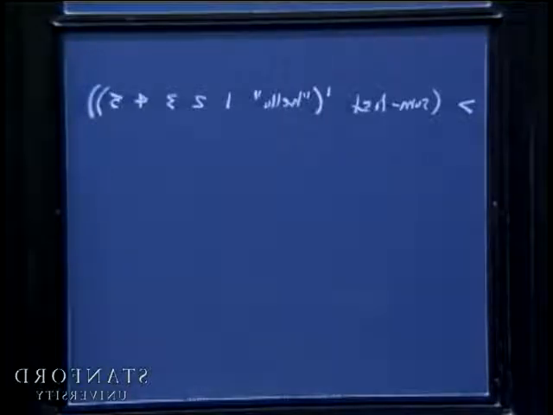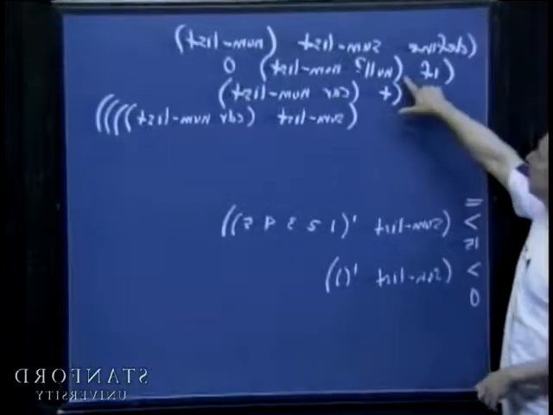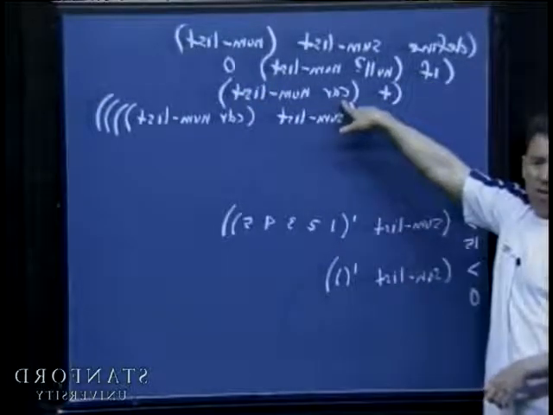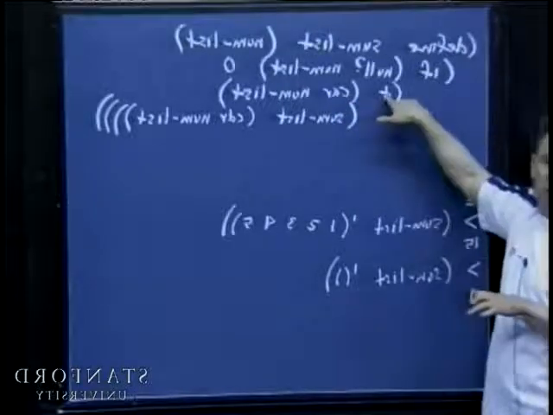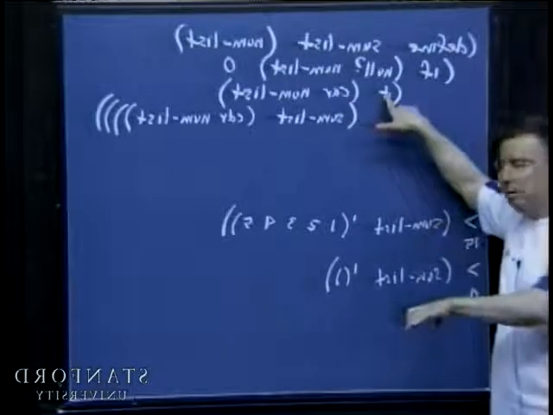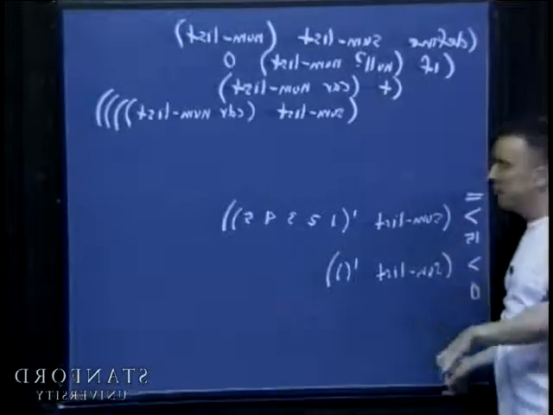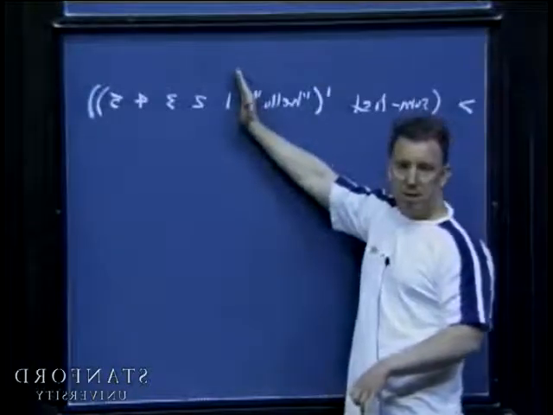It is very literal in its following of the recursive recipe. Because it fails this null test right here, it doesn't return a 0. It calls car of num list, and it prepares this hello to eventually be levied against this with a plus sign. But before it can actually evaluate the plus expression right here, it has to fully commit to the recursive evaluation of this thing right here.